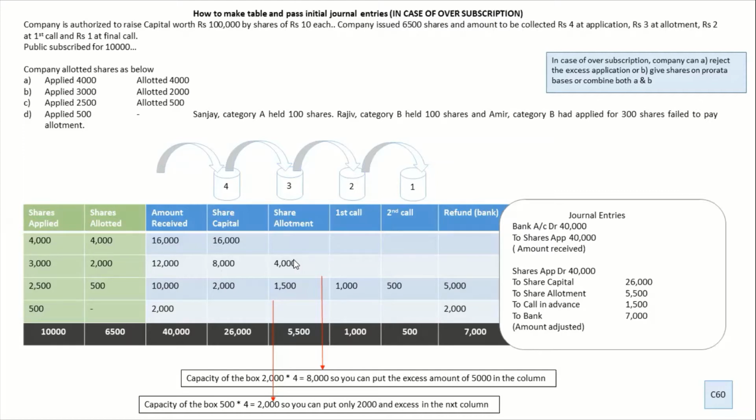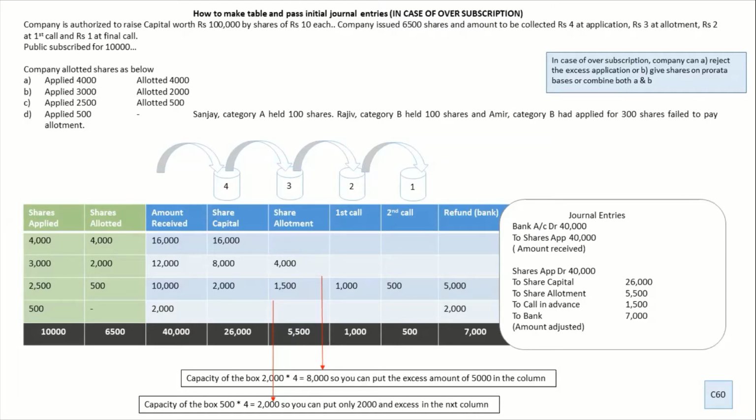Now in a company there will be millions of equity shareholders who will always pay a little more. If company will start refunding that money, company will have time only to do that. So that is the reason why they will transfer it to the next level, that is share allotment.